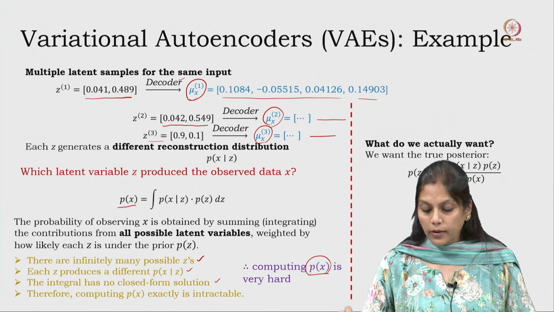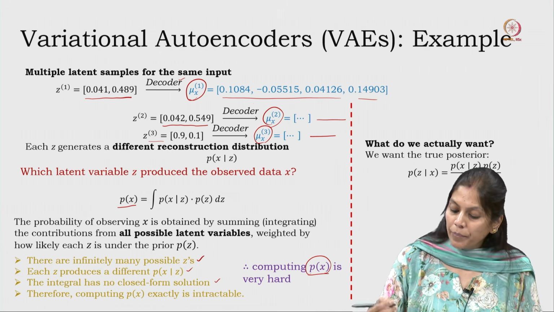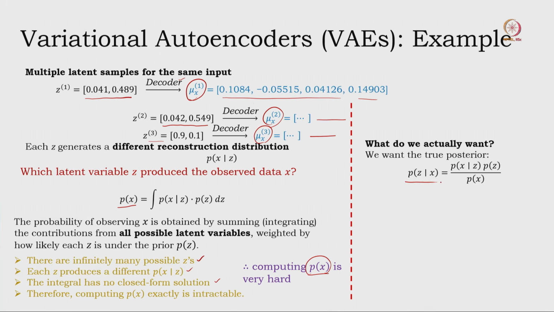So, because of this, what exactly had we started with? We wanted to calculate the true posterior P of z given x, using Bayes' rule. And if you remember, when we saw the encoder part, P of x calculation is very hard. Why? Infinite such z are possible, and every z is going to give us a different distribution.